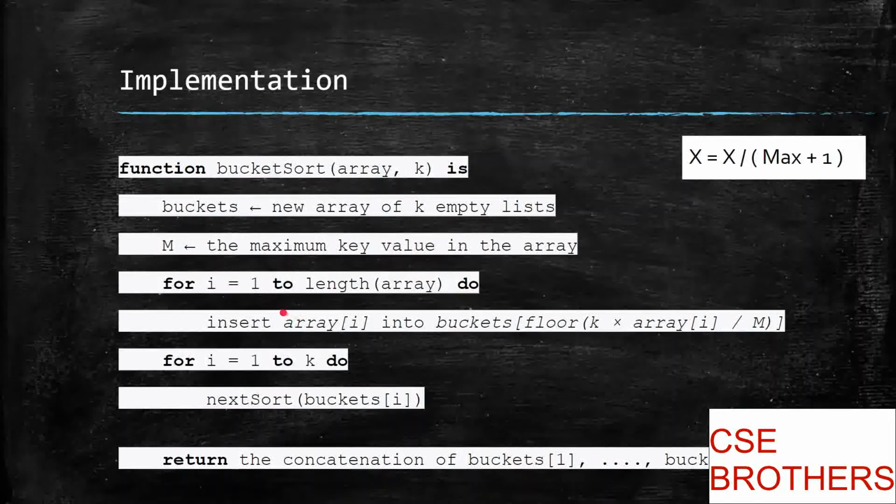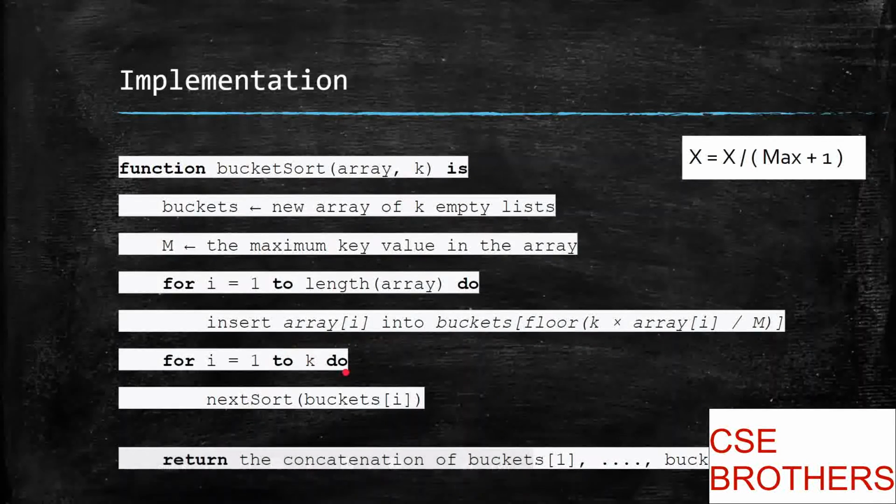Then for each input element, we insert that element into the appropriate bucket using this formula, where array of i upon m transforms our input into the range 0 to 1, and floor of k into that value inserts our input element into the appropriate bucket.